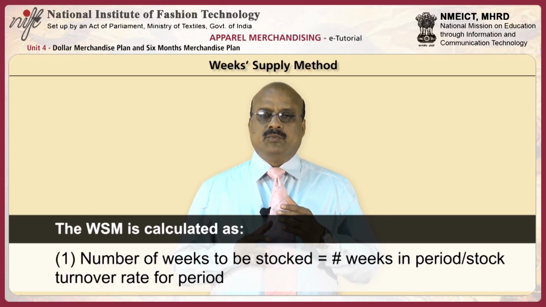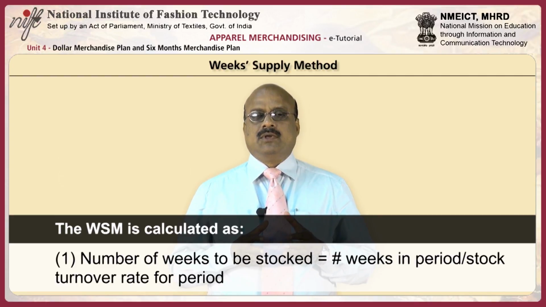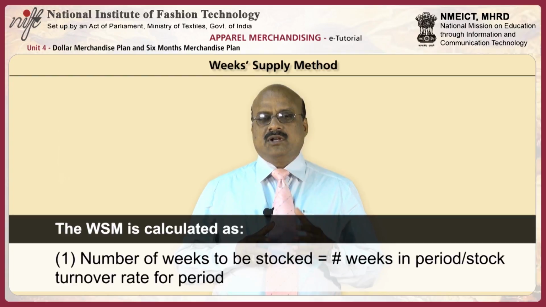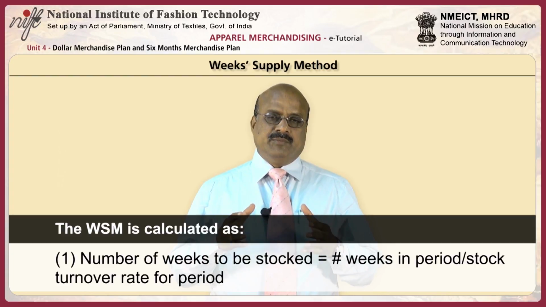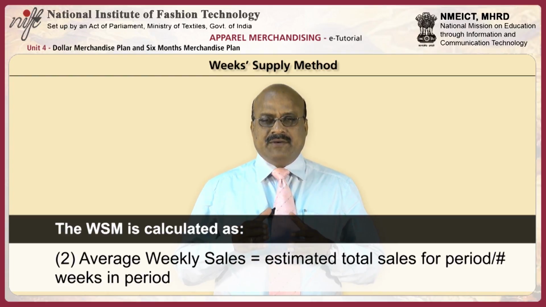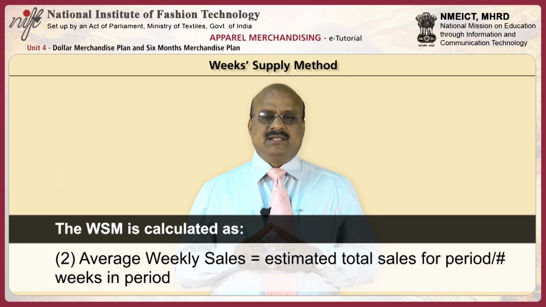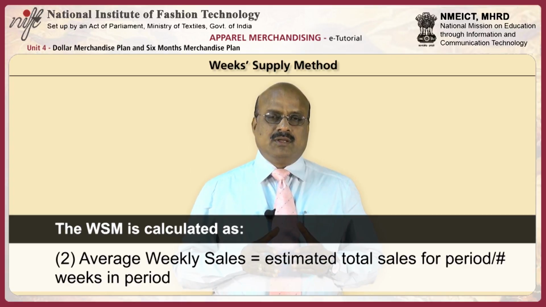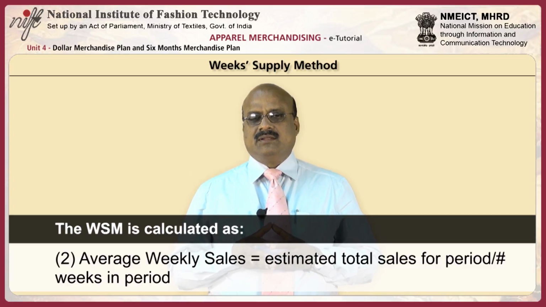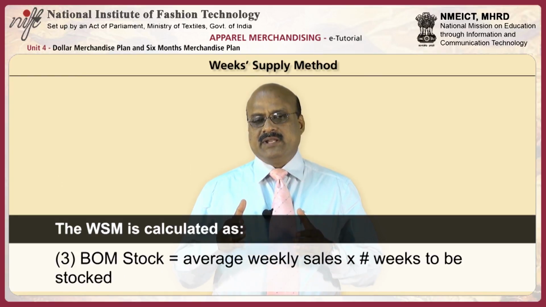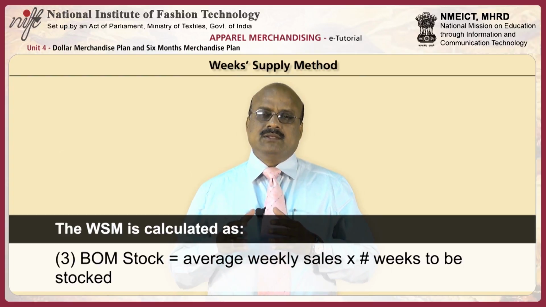Number of weeks to be stocked is equal to the weeks in period upon stock turnover rate for the period. Average weekly sales is equal to estimated total sales for the period upon number of weeks in period. BOM stock is equal to average weekly sales multiplied by number of weeks to be stocked.